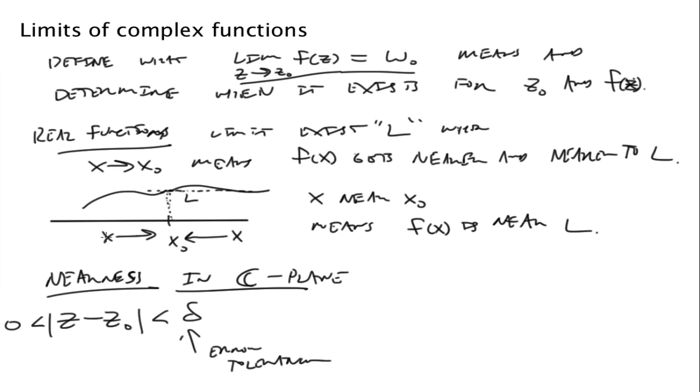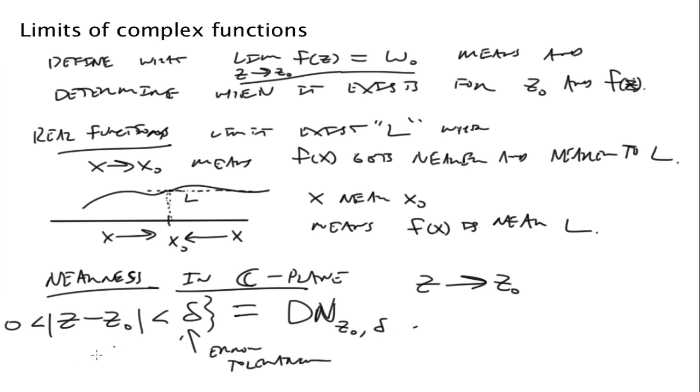For all limits we're always talking about z going towards z naught, we're never talking about it actually being there. We always take this to be this. So we're talking about the deleted neighborhood of z naught with a radius of delta, right? Because that's what that is right here. Okay, so that's our definition of nearness for z.